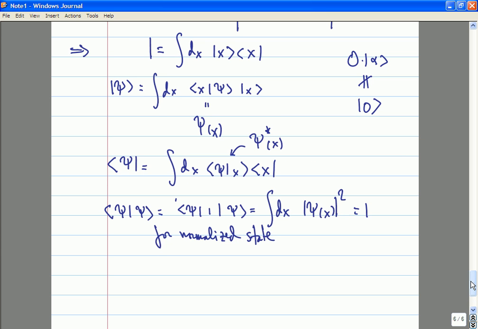And then the inner product between two generic states, say psi and chi, is then just the integral dx of the wave function psi star of x times chi of x dx. And that's either called the inner product or the overlap between those two states. I'll use the words overlap and inner product interchangeably.